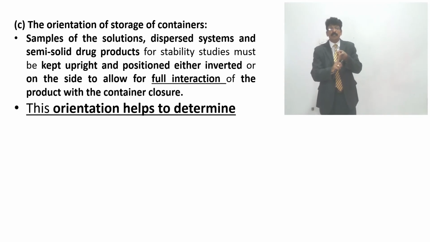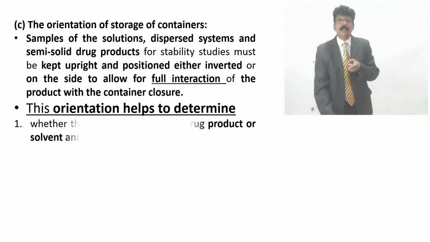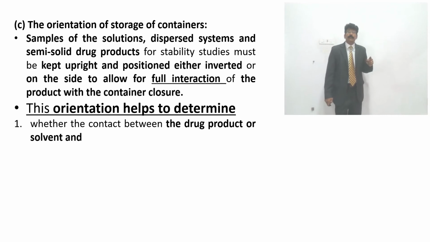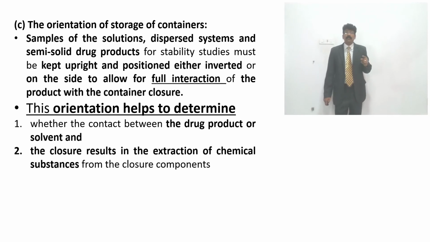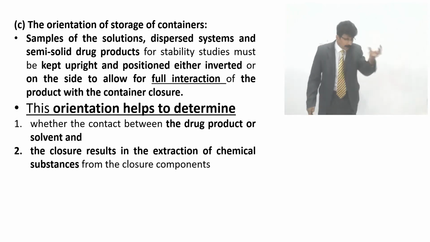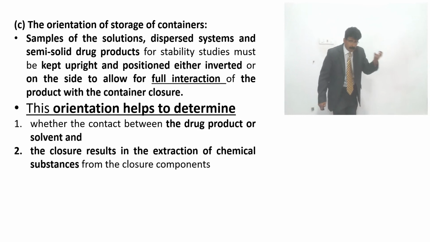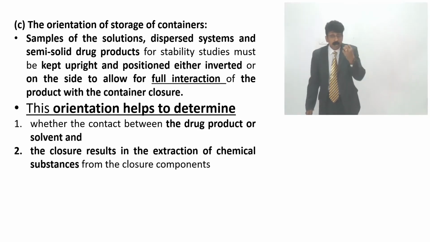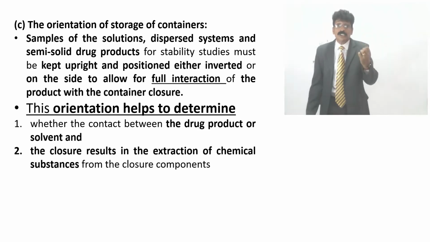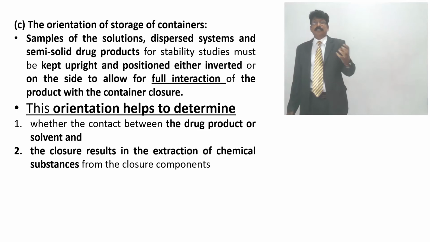This orientation helps to determine whether the contact between drug product or the solvent and the closures results in extraction of chemical substance, whether the body of the containers and closures are absorbing the main constituents, reducing the potency of the constituents, or reducing the amount of the substance which is present in the product.